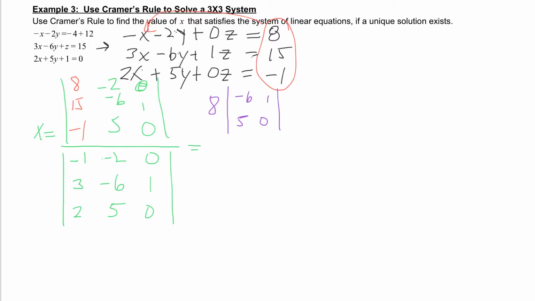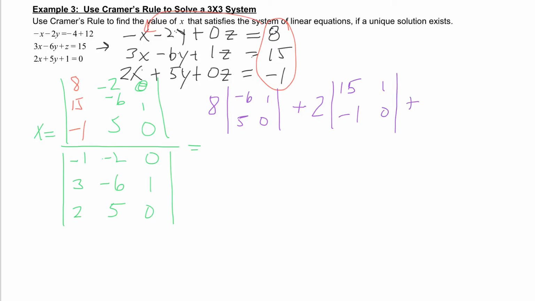Then I'm going to subtract my negative 2. So I'm subtracting the negative 2, which will make this a positive 2, times the determinant. If I take the 2, I'm crossing these out, I'm left with the 15, negative 1, and the 1 and 0. So this is 15, negative 1, 1, and 0.